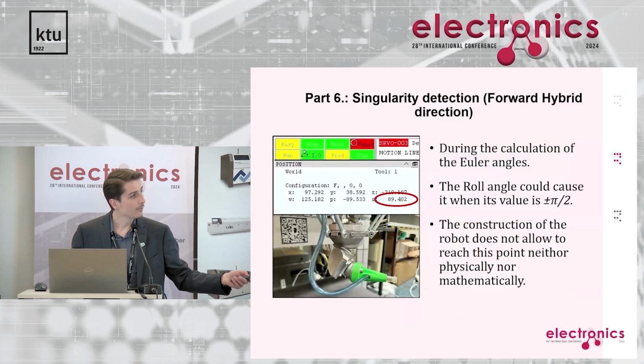After that, if you remember, I told you that there is one type of singularity which is handled by the manufacturer. When the roll angle, which is the rotation around y, is plus minus pi over 2, it means that we reach dividing by 0. This is solved by the manufacturer because we can never reach the pure 90 degrees of freedom.